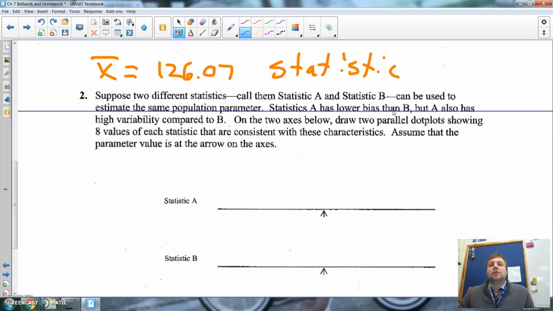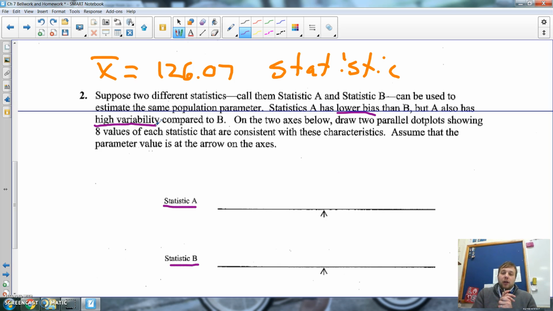Suppose two different statistics, call them statistic A and statistic B, can be used to estimate the same population parameter. Statistic A has a lower bias, so that means it's going to be more centered, but it has a high variability, which means it's going to be wide.